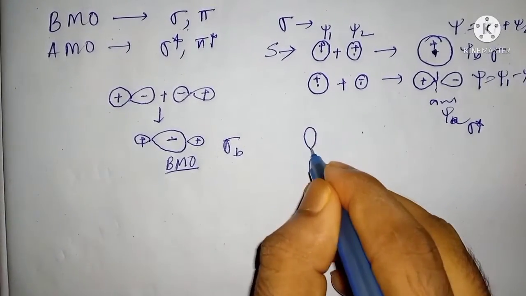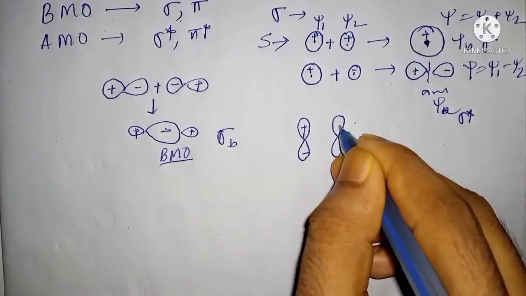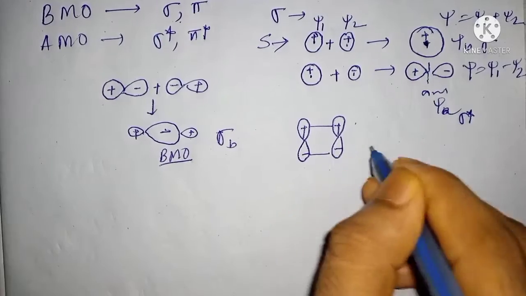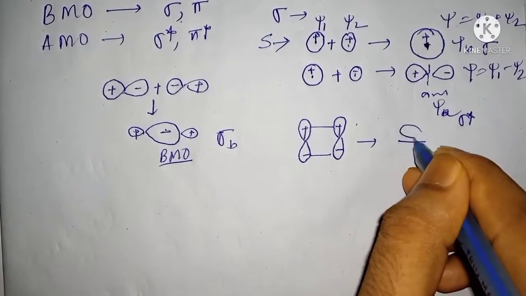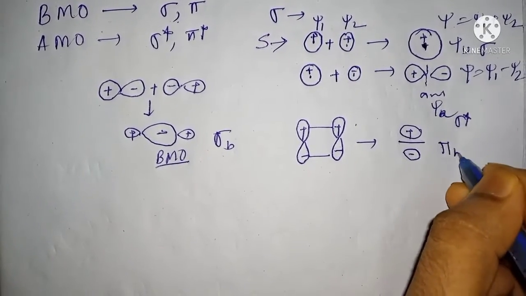Now in lateral overlap, suppose this is positive, this is negative, and the other is positive, negative. The same phases overlap to form the bonding pi orbital. So this is the pi bonding.